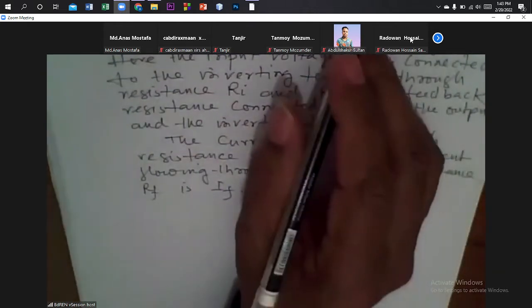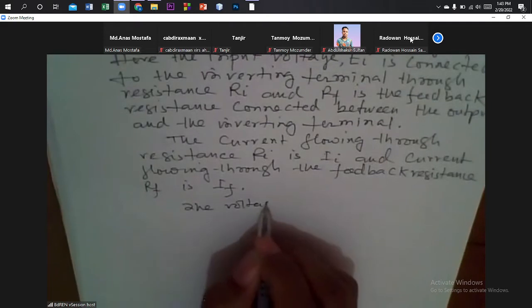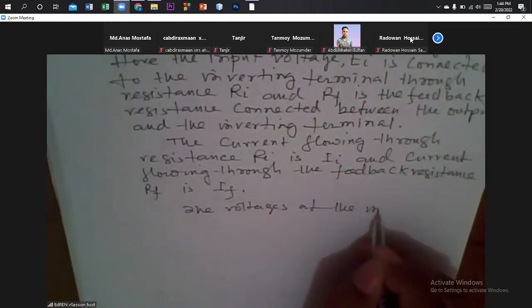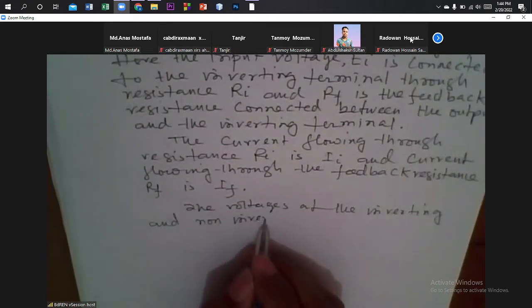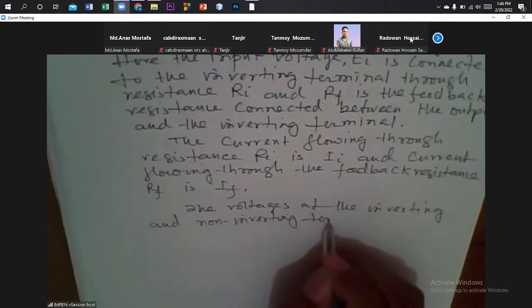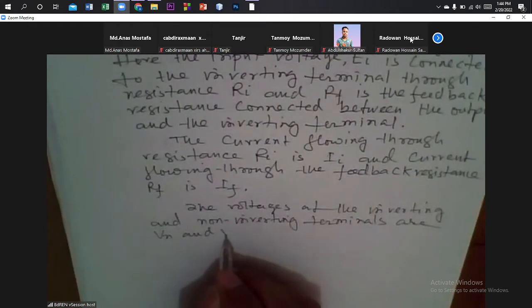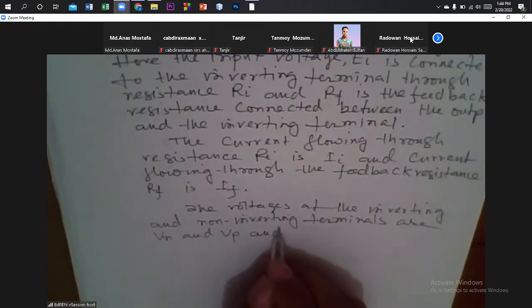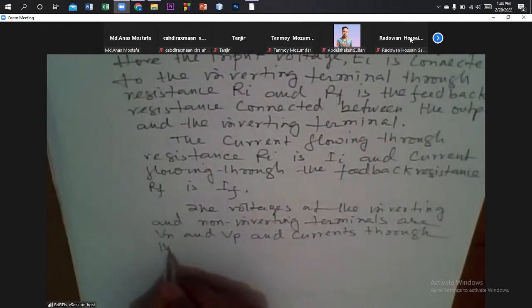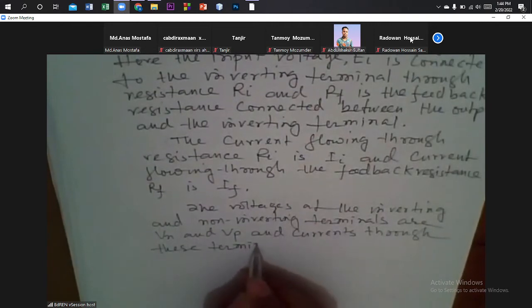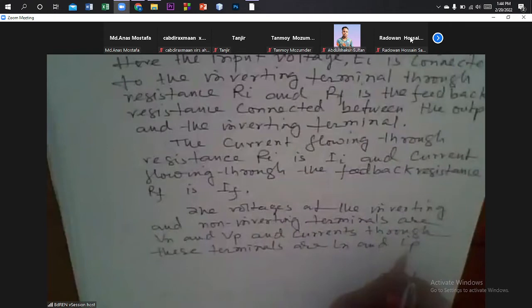Now we shall write the VP, VN and IN, IP. So we shall write here the voltages at the inverting and non-inverting terminals are VN and VP, and currents through these terminals are IN and IP respectively.